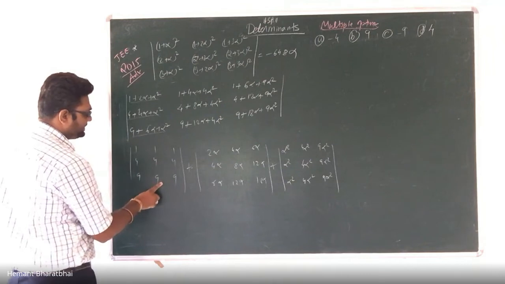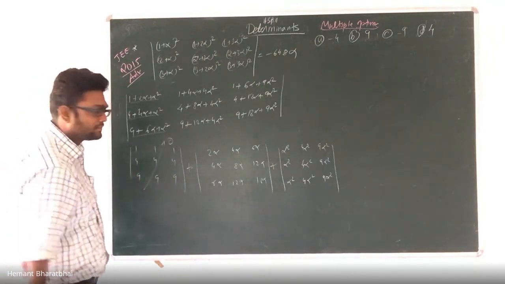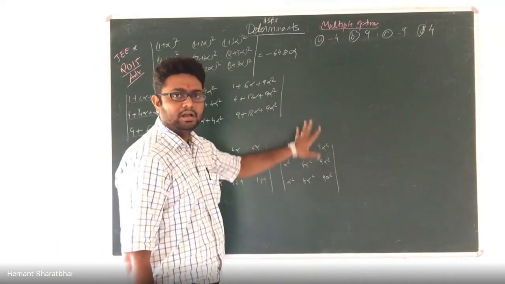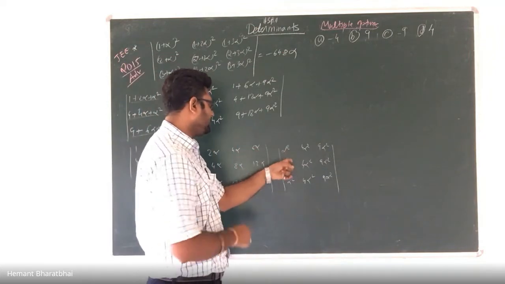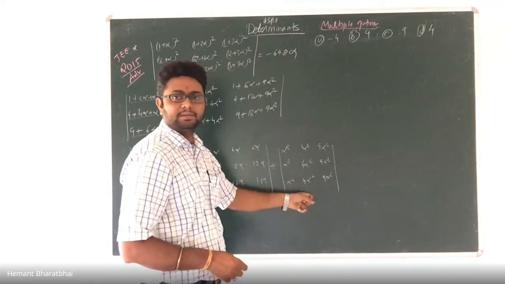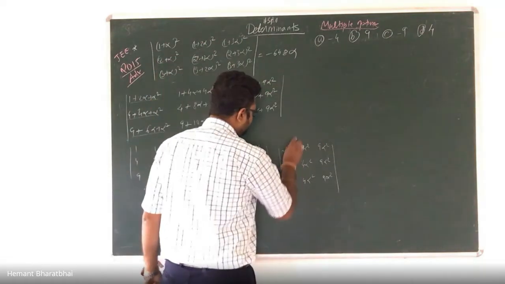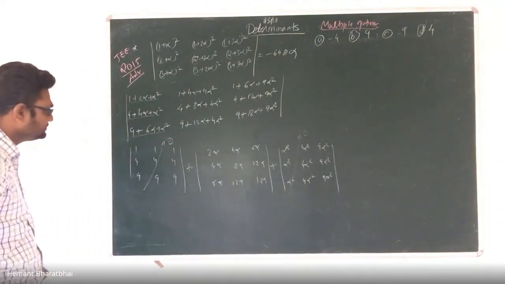So this will give me determinant as 0. If I take alpha square common from here and 4 alpha square common from here, then I'll get 1, 1, 1, here also 1, 1, 1. If two rows or two columns of a determinant are same, then the determinant is 0. This will also give me answer 0.